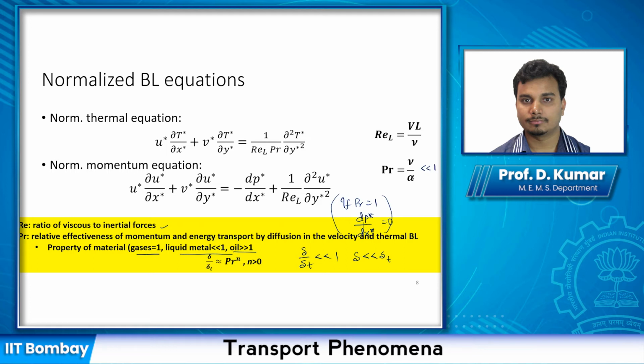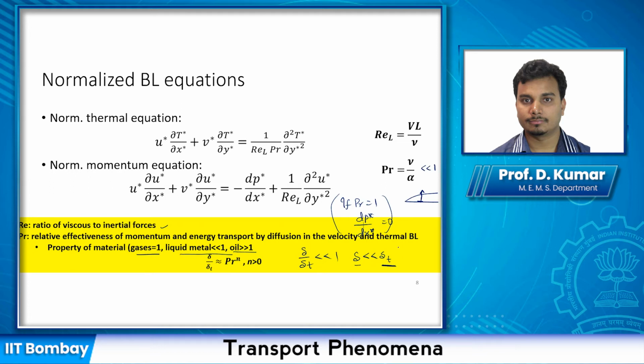Why it happens is that for Prandtl number much less than 1, nu is much less than alpha. So your thermal diffusivity is much higher. Since thermal diffusivity is higher, the cooling or heating effect can be transferred to a larger distance in this direction. Because of that, the thermal boundary layer thickness will be much larger than the velocity boundary layer thickness.